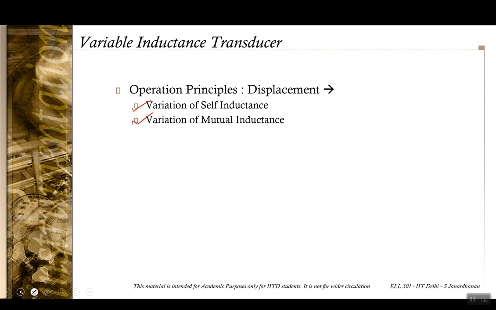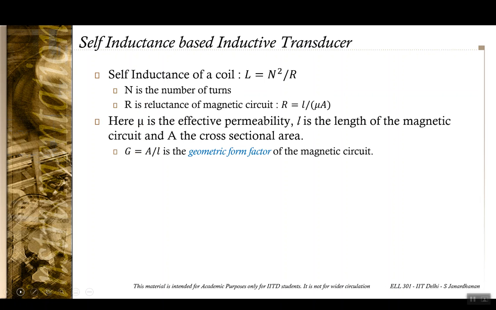Before that, let's refresh what is the self-inductance of a coil. If you have a coil, then the self-inductance is given by N squared by R, where N is the number of turns of the coil and R is the reluctance of the magnetic path, the magnetic circuit.